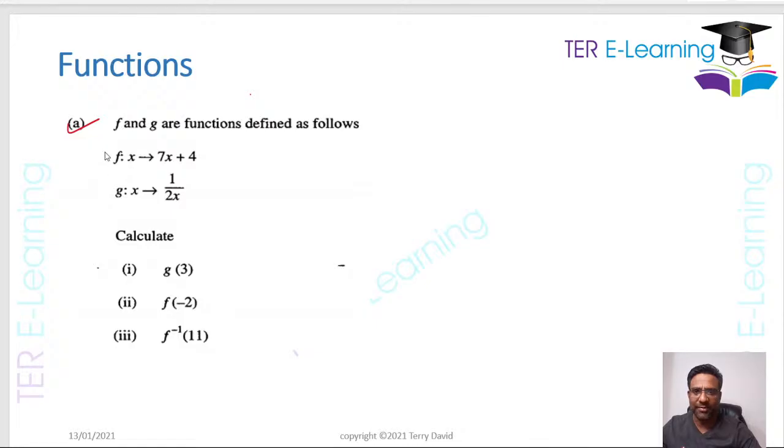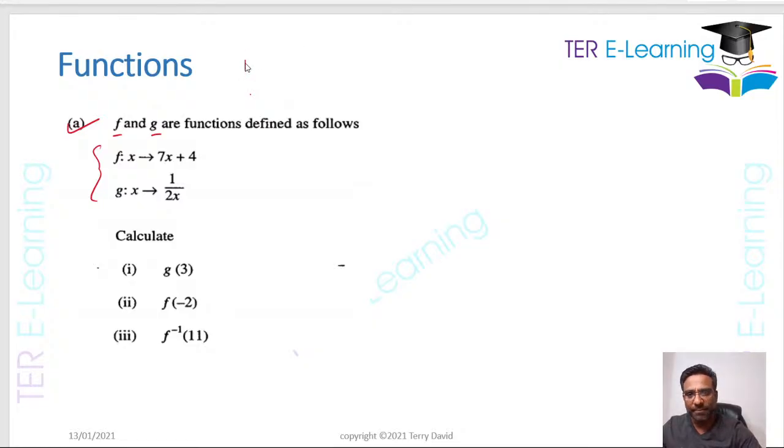They give us two functions, f and g, and they've defined them for us. One function, f, is such that x maps onto 7x plus 4.